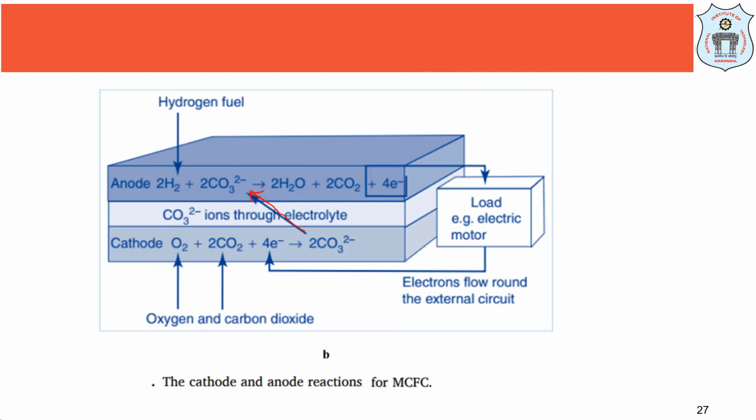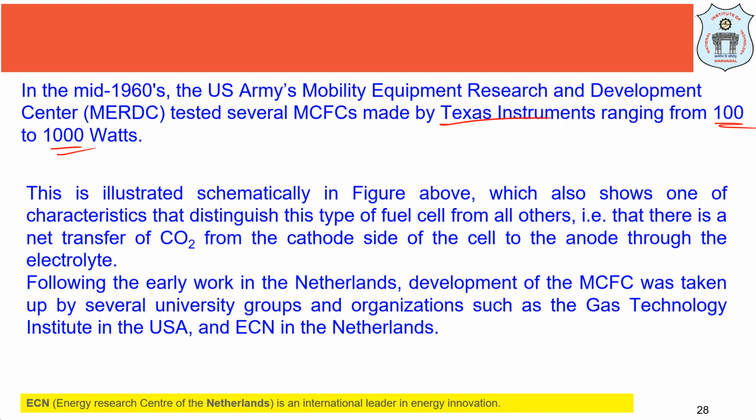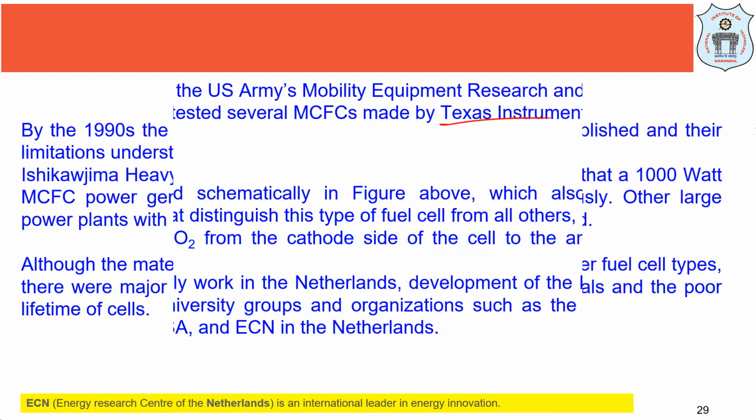So by the 90s, the material of construction had become well established and the limitations were understood. What precautions we have to take, for example, we have to include chromium into the nickel. Whether the material of construction is for the catalyst, the electrolyte or the system, it has been well understood.